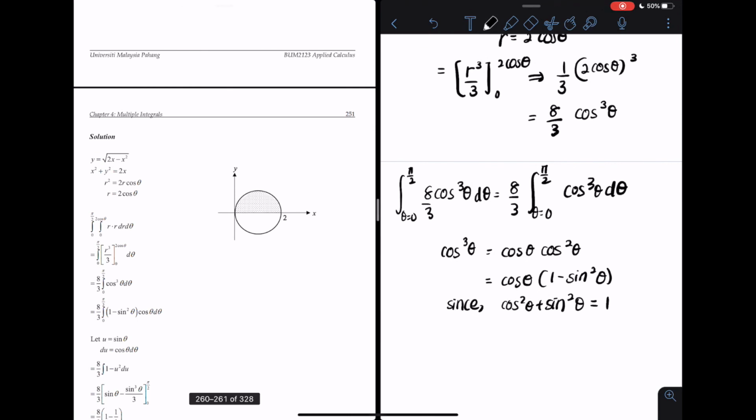So right now, the integration from theta equal to 0 until pi over 2 of cosine cubed theta d theta, don't forget the 8 over 3, is equal to 8 over 3 times the integral from theta equal to 0 until pi over 2 of cosine theta times 1 minus sine squared theta d theta.